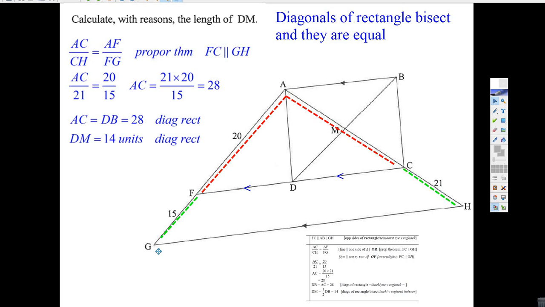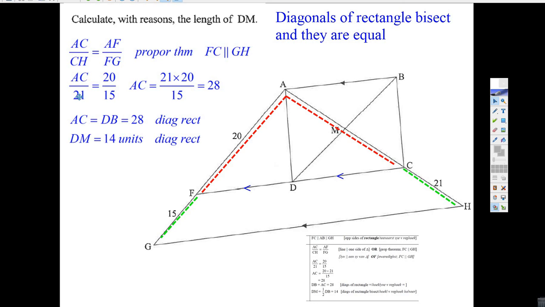I've made it in red so you can see these proportions. You see, AC goes with FG the way that AC goes with CH. Why? Because there's a line that's parallel to the base. That's the proportionality theorem.